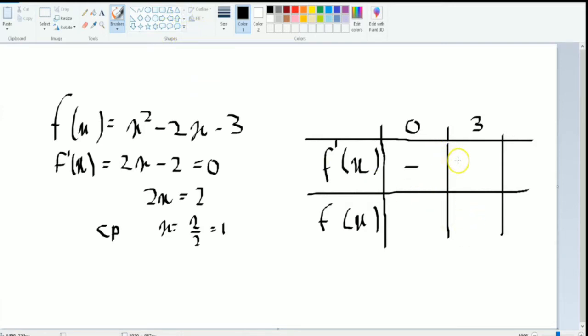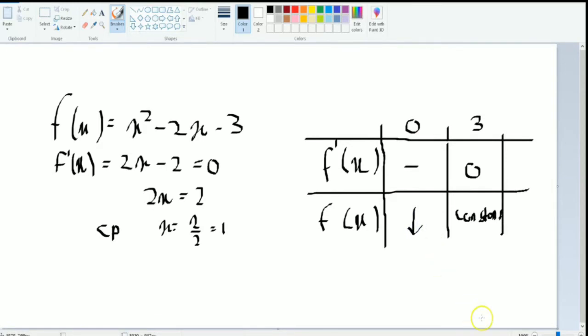Oh, we got 0, so it means it's constant. Constant. And if it's negative, it means x is decreasing.